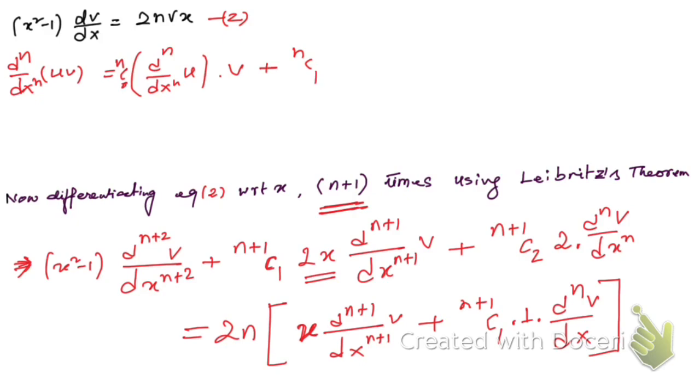So nC0 is equal to 1, that's why we don't write this nC0. You have already covered permutations and combinations. nC1 means factorial n divided by 1 factorial into n minus 1 factorial, right? This is the formula. If you have r here, then you need to write r instead of 1.